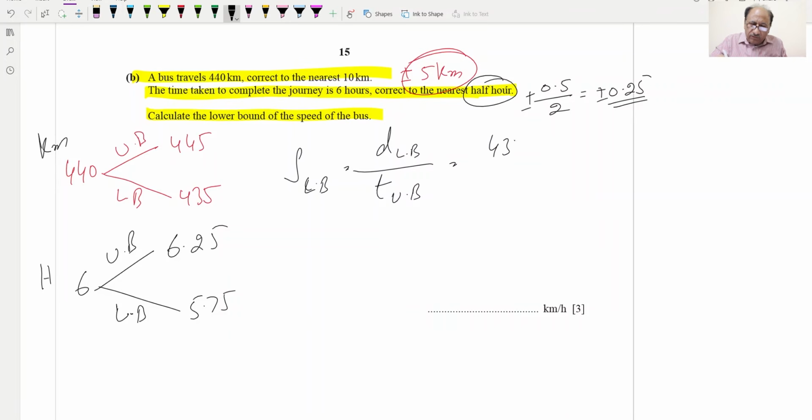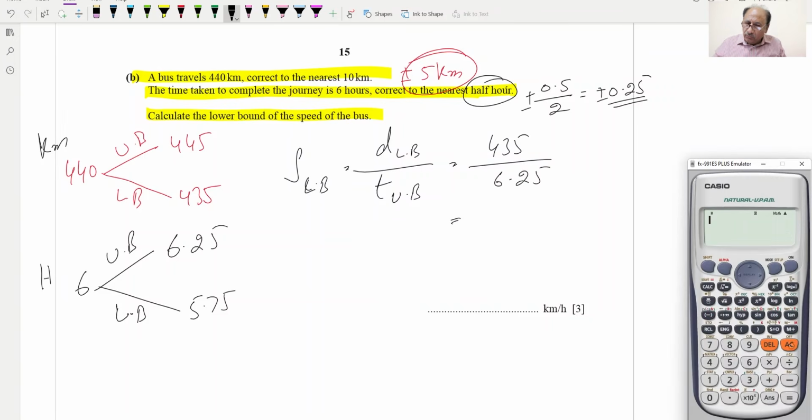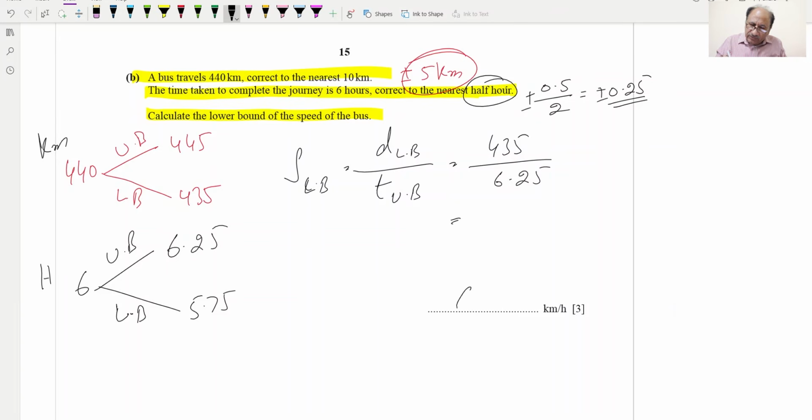So 435 divided by 6.25 is resulting in 69.6 kilometers per hour. This will be our final speed. Hopefully you understood this.